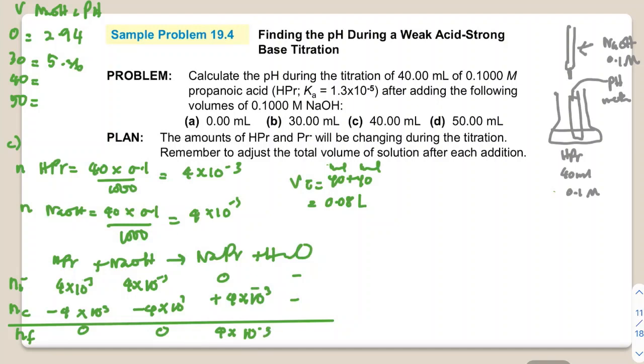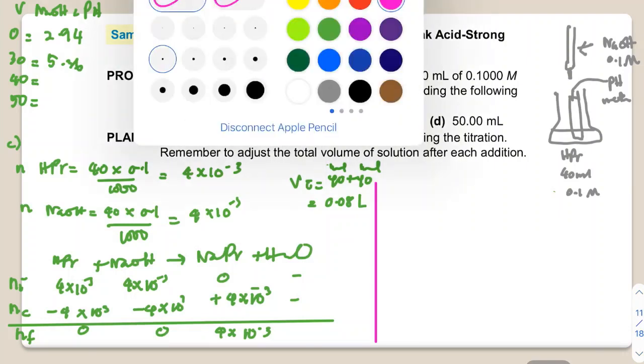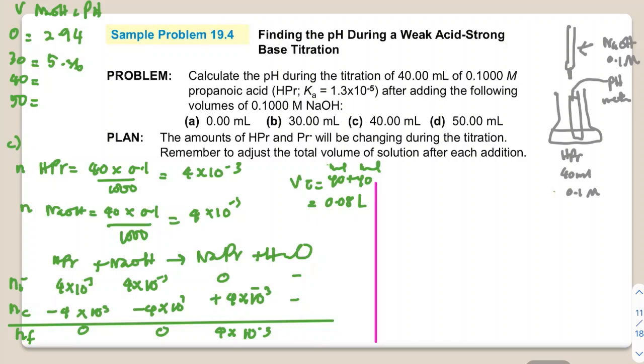So the pH that is measured in this conical flask after the addition of the 40 ml of the sodium hydroxide is only contributed by the NaPr. So let's refresh how to calculate the pH of a salt solution. Okay, so we have NaPr. A salt will dissociate into its ions Na plus and Pr minus.